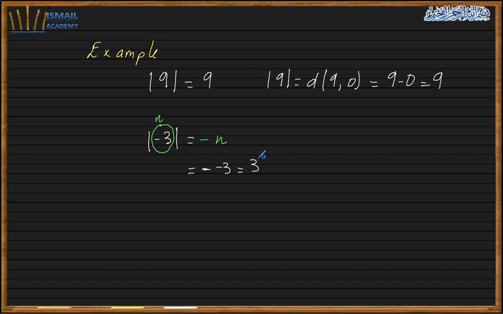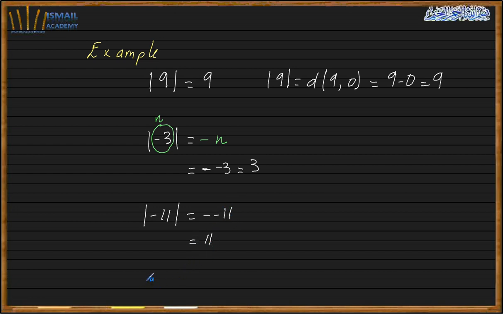Here for that example, minus 3 is negative, so I put that case, because the inside number is negative, so to make it positive, we multiply it by minus, because minus a negative number is a positive number. So if I have another example, minus 11, it becomes 11.